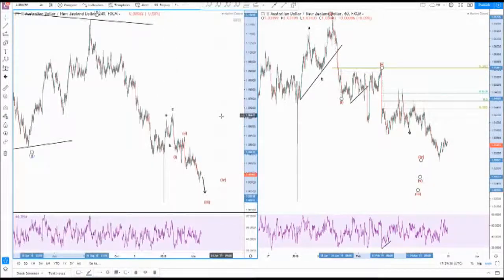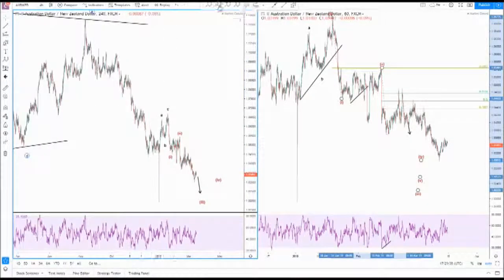Okay, so after a triangle you tend to get a terminal wave. So, once we come out of a triangle we want to see 5 down. Oops, hang on, I'll fix that in a second.